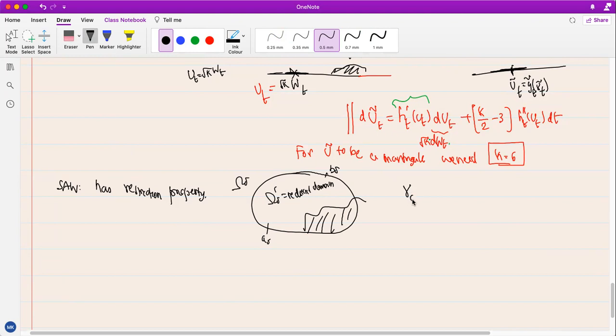The distribution of gamma delta, conditional on gamma delta being contained in the reduced domain, has the same distribution as gamma delta on omega dash delta. What I mean is that a self-avoiding walk from A delta to B delta in the bigger domain, if you condition that it doesn't hit this part, is exactly the same as a self-avoiding walk in the reduced domain run from A delta to B delta. So this is the restriction property.